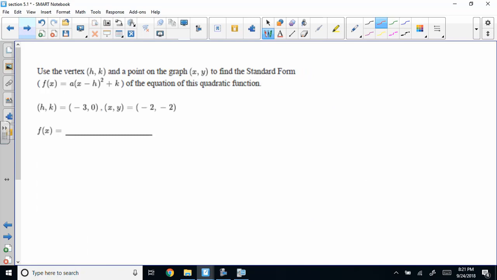Here we go. Use the vertex h comma k and a point x, y to find the standard form of the equation of this quadratic. Guys, what are we actually solving for here when we put in all this?